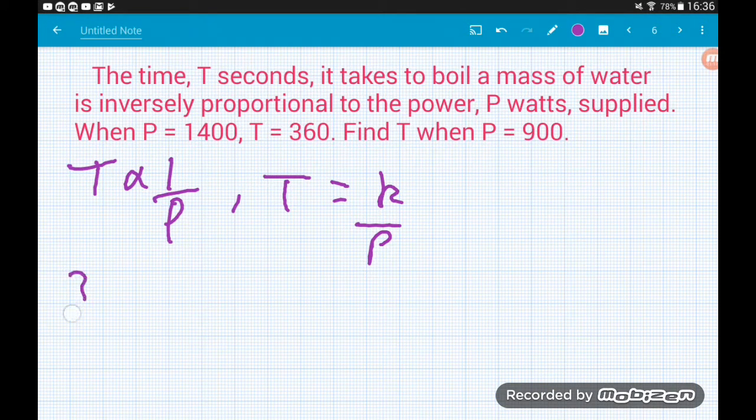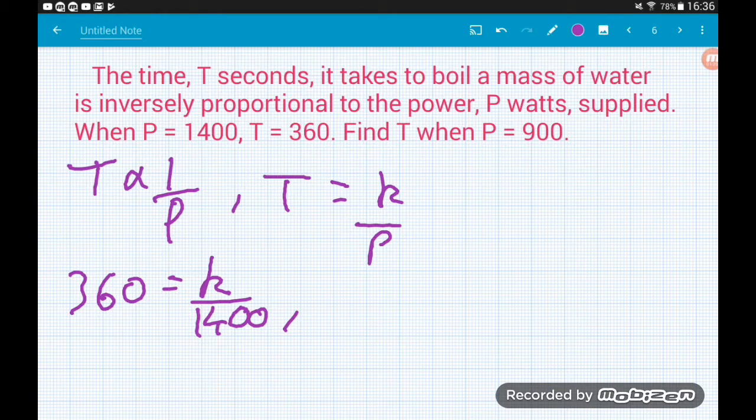So we would get 360 is equal to K divided by 1400. Then to find K, we multiply both sides by 1400, turn to your calculator, and you will get 504,000.